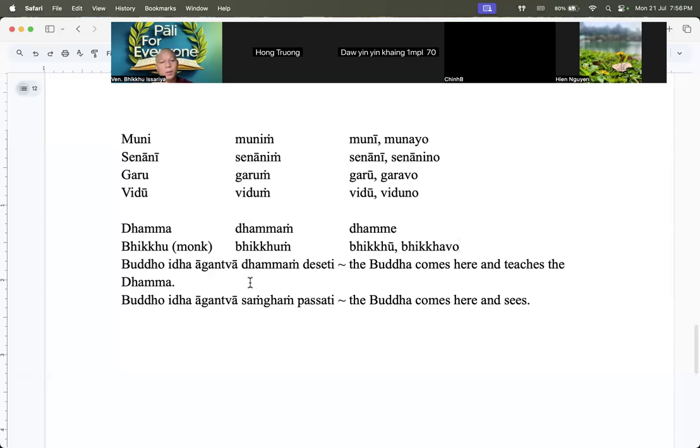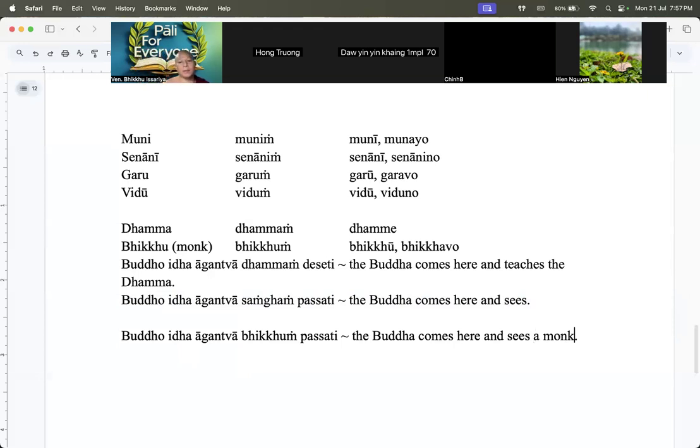So that is why here, the Buddha, Bodho Ida Agandawa Bhikkhu Pasati. The Buddha comes here and sees a monk. So in this way also it can be sees a monk or sees the Sangha. So in this way also it can be understood.